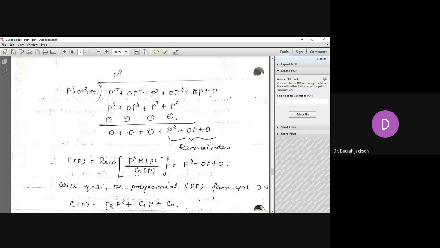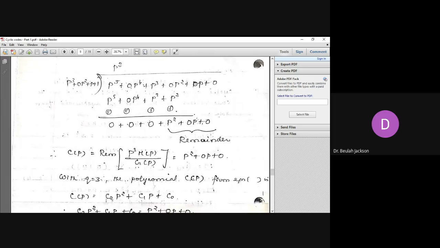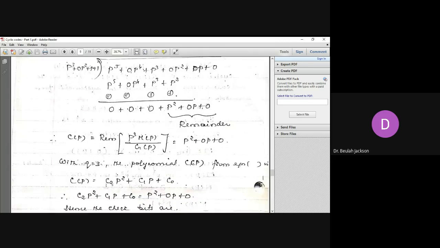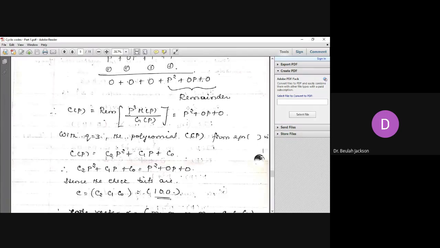When you do the division, we'll get the remainder. This is the remainder, only p square. So p square plus 0p plus 0, and we have to write it like this. That means this is 1, 0, 0. The coefficient of p square is 1, whereas for p it is 0, and here also this is 0.